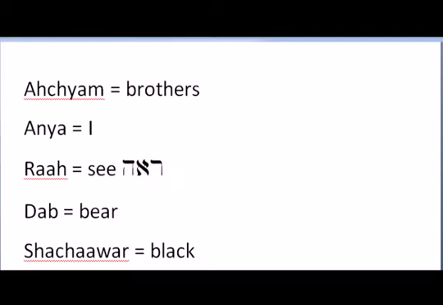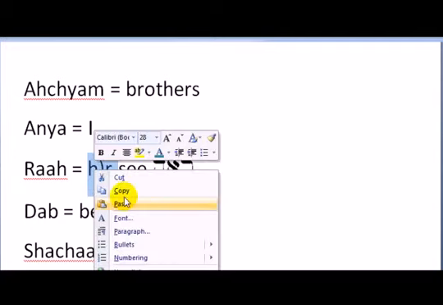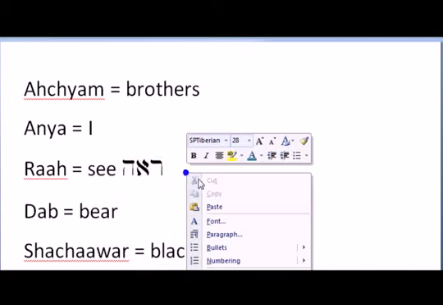Now if you want to do it in the Lashawan Qadash, let me just put it here real quick. Let me cut this out of here. Just bear with me one second. Let me cut this out of here, put it over here.